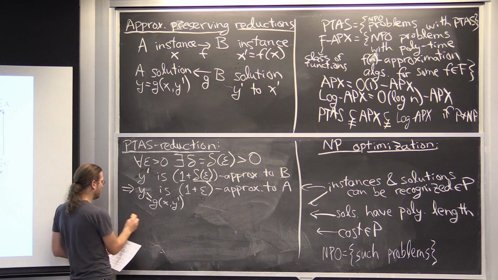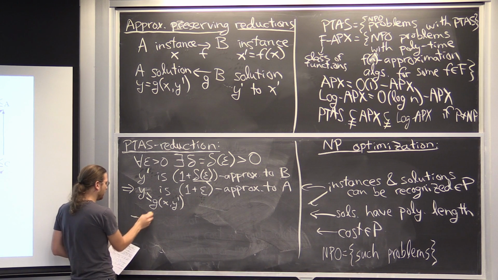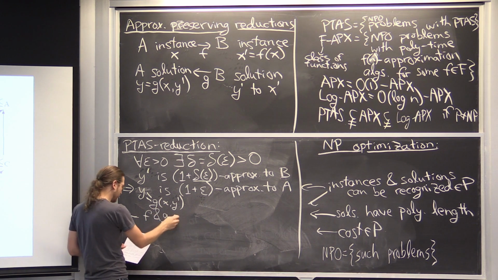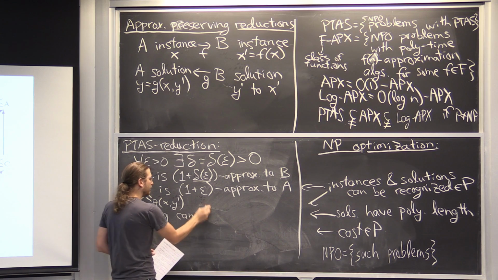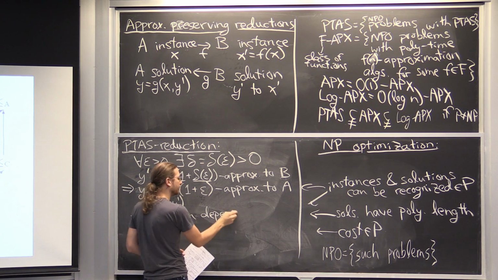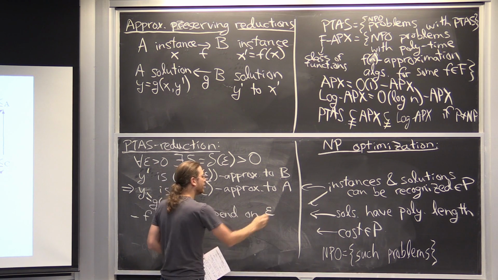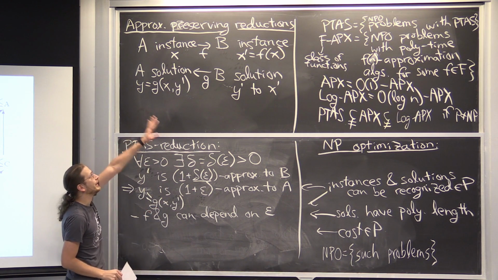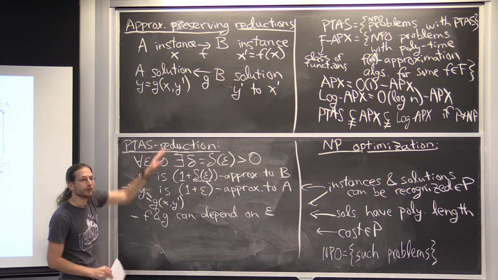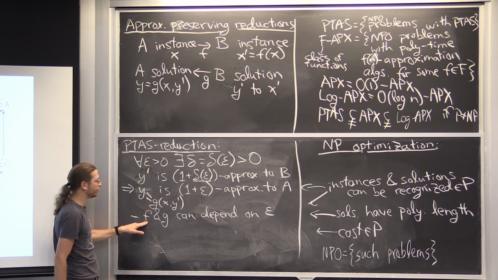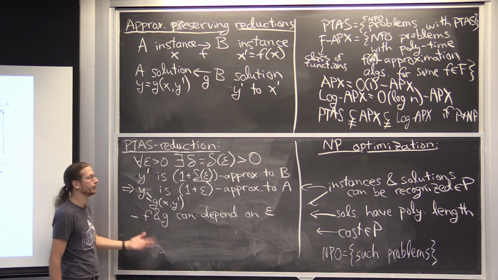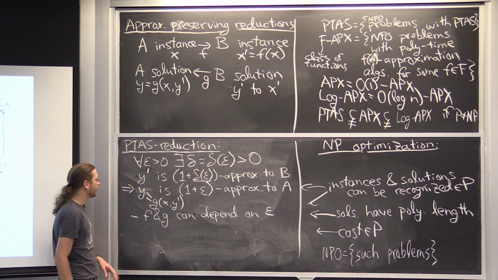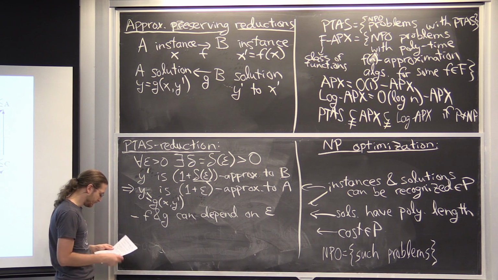One slight note is that we also allow f and g to depend on epsilon. It would be hard to get this property for all epsilon with the same instance conversion. So we allow the conversion of the instances to depend on epsilon, so you can do fun things that way for the purposes of PTAS reductions.